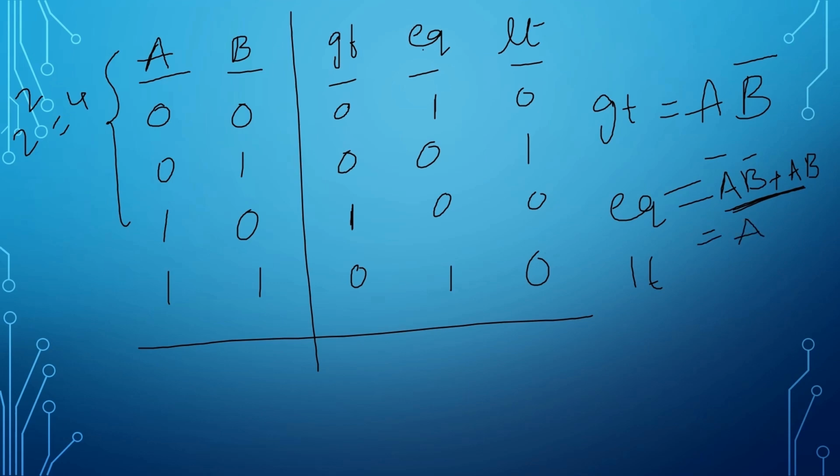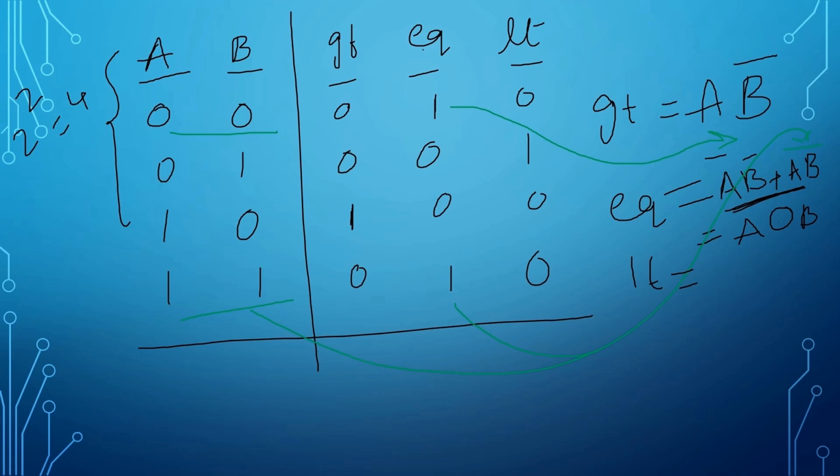This is XNOR, A XNOR B. We can write like this, right? A bar B bar is for the case when A 0, B 0. AB is for the case when A 1, B 1. Yeah, this is for EQ.